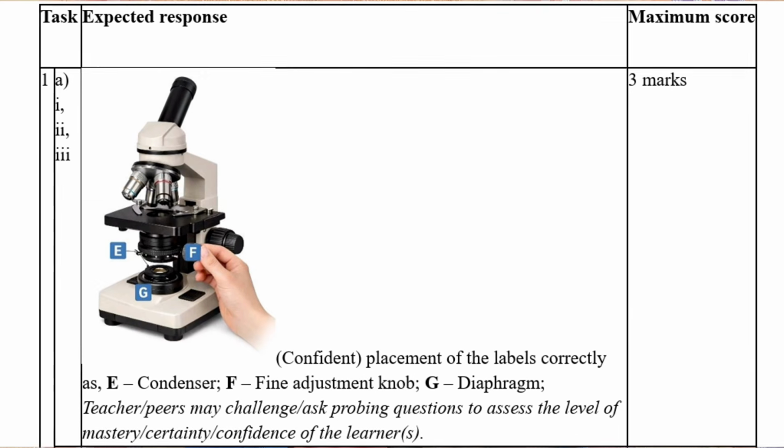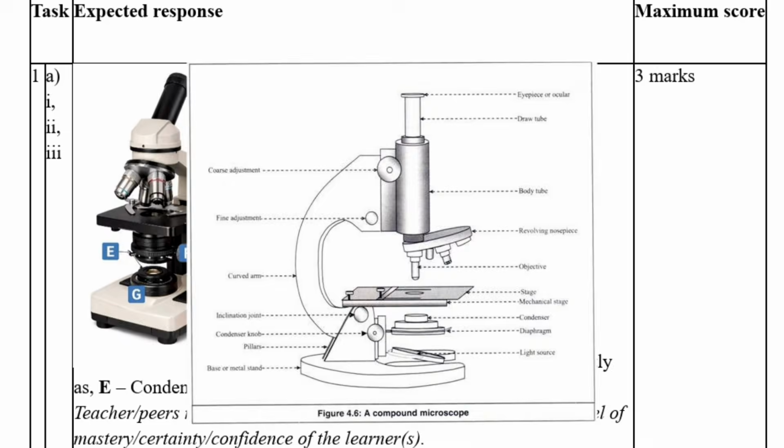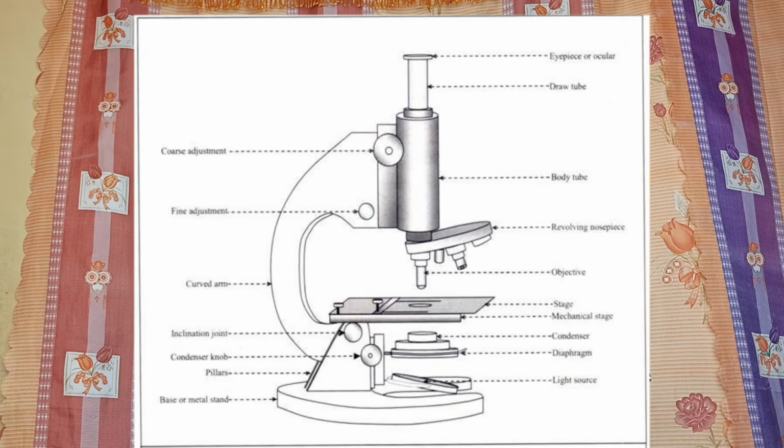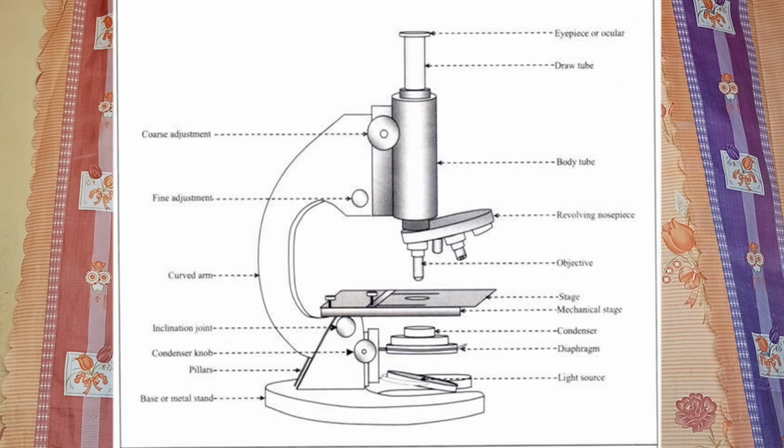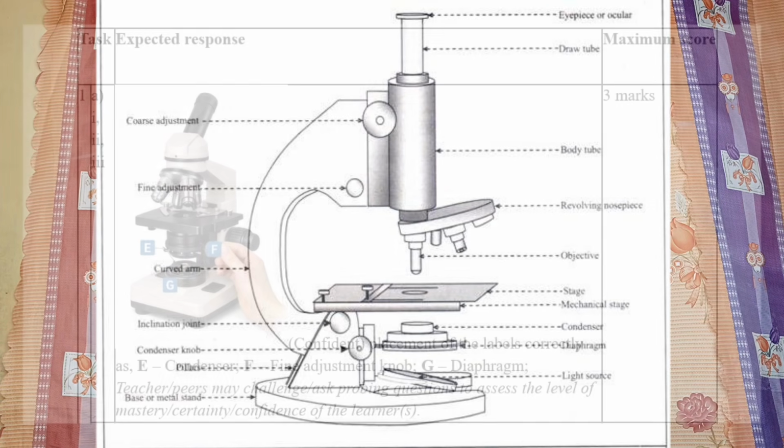So E is condenser. You can just see where I've labeled E. That is condenser. Then fine adjustment knob is that part you can see on the diagram, and then the diaphragm is the other part that you can see down there labeled as G.